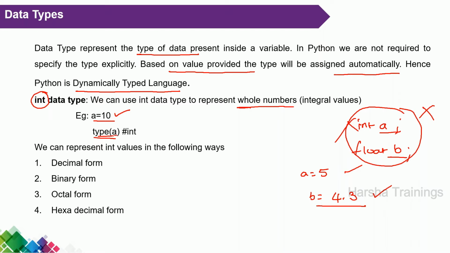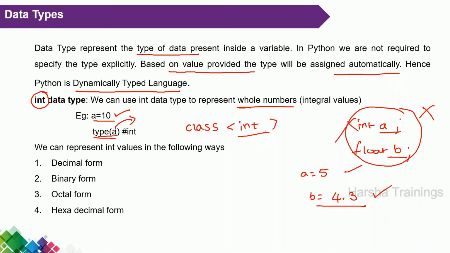Give the variable, and the output specifies the type of the variable, depending upon the value present in it. For example, a is the integer variable. Here the type is class int. That is, a is of type integer class. This is the basic thing.